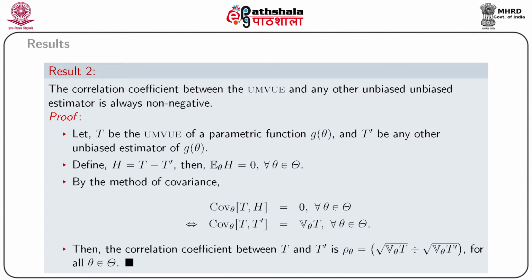The correlation coefficient between T and T dash is given by rho theta equals covariance under theta (T, T dash) divided by the square root of variance of T into variance of T dash. Since covariance T, T dash is equal to variance of T, we get rho theta equals the square root of variance of T divided by variance of T dash for all theta, which is always non-negative.